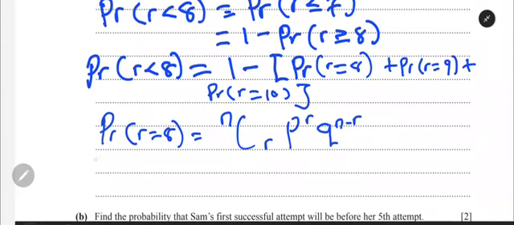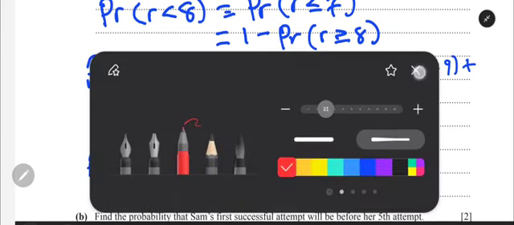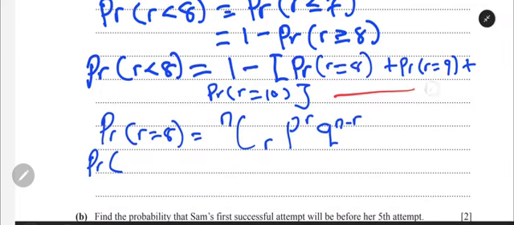So let me substitute the values of p, q, and r in this equation because we don't have enough space. Don't forget our p here is 0.7 and q is 0.3.